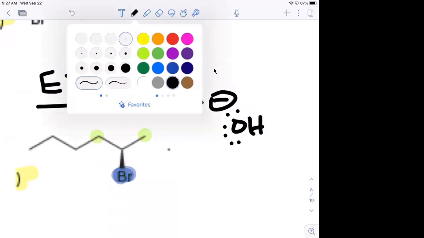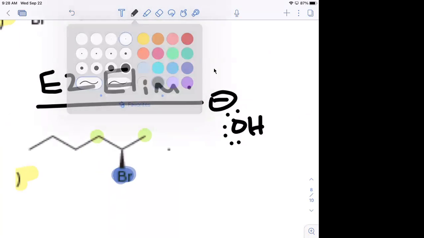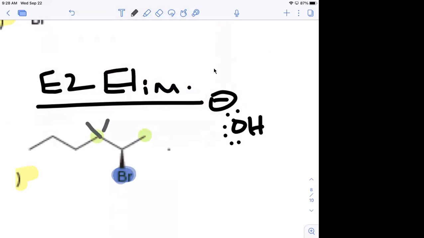I'm gonna change the colors on them. Remember, you're going to get two products because you got two sets of alpha protons. Which one do you want to do first?